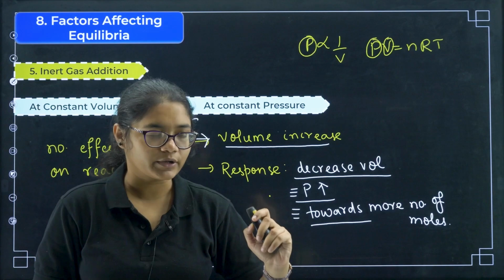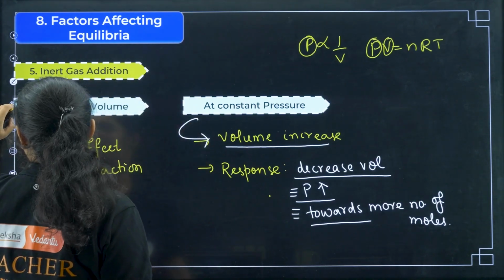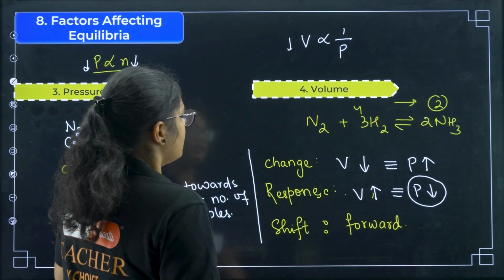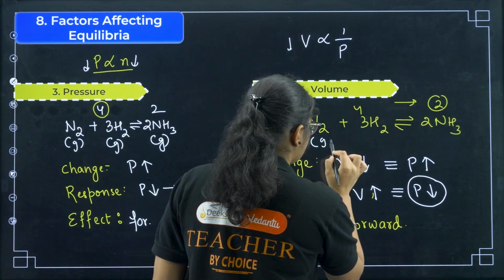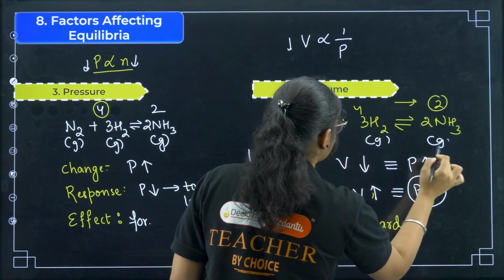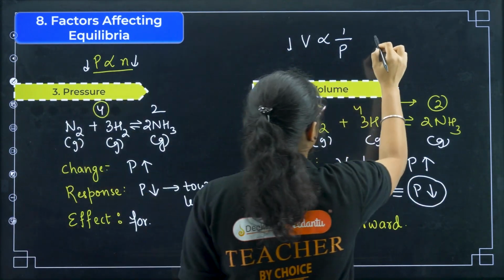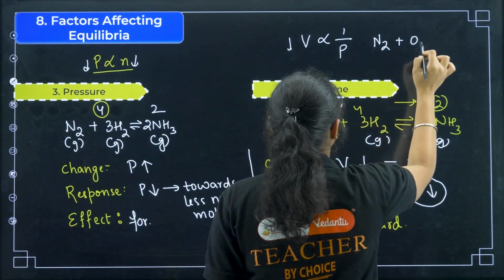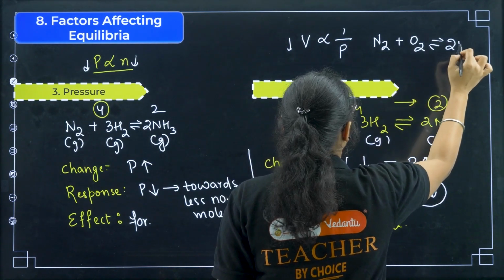Now here a question may arise: what if the number of gas molecules on both sides is the same? For example, I took one reaction here, N2 plus O2 gives 2NO, right?